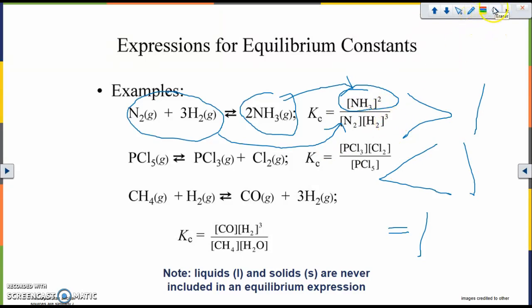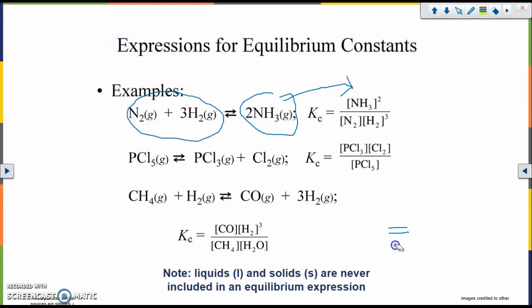So if I give you any equilibrium constant, you should be able to tell me which species is dominant. We're going to go through a couple of examples. Let's take the second equation here: phosphorus pentachloride gives you phosphorus trichloride plus chlorine gas.